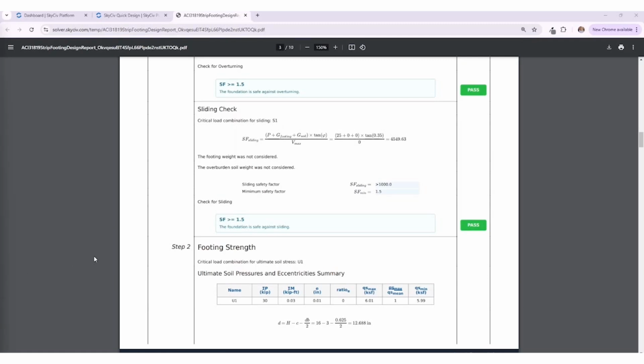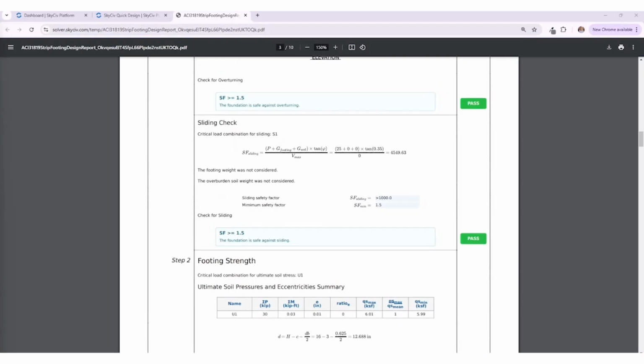The formula used for sliding safety factor is the resisting forces from the soil friction, keyway, or passive resistance over the applied horizontal force from wind, seismic loads, etc. In this sliding safety factor equation, we have the axial dead load plus the footing and soil weight.